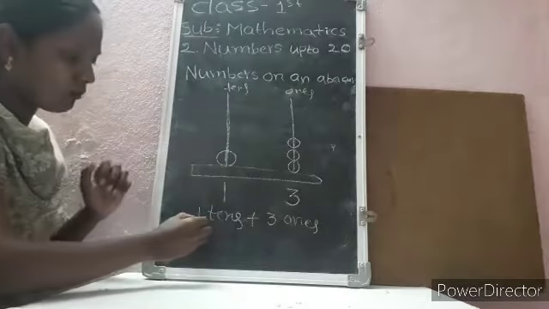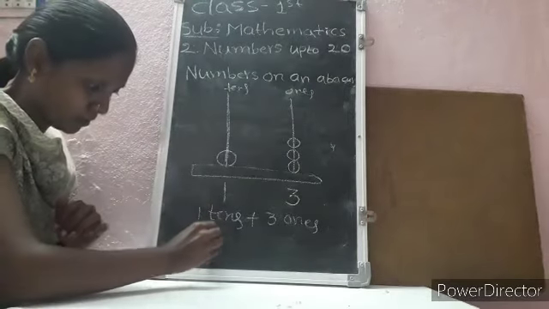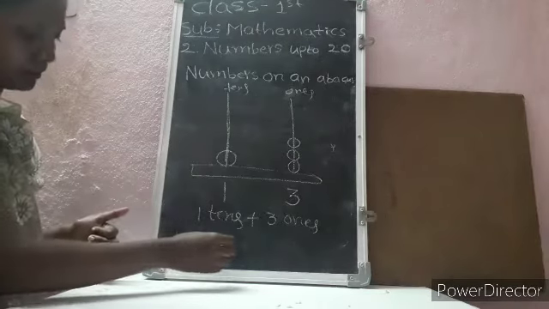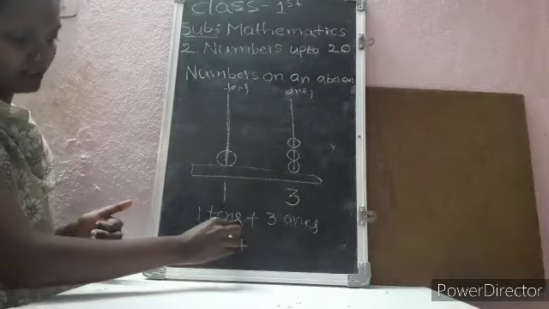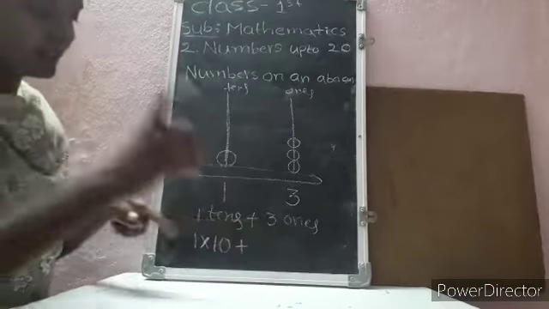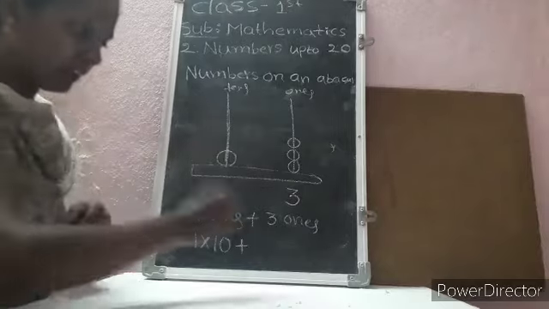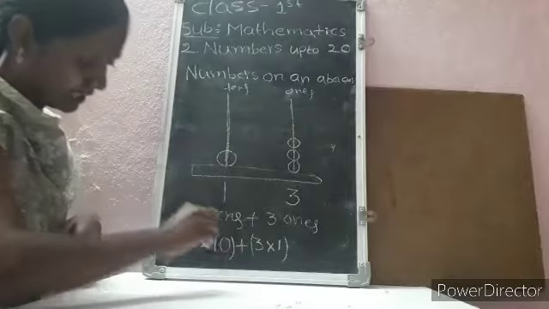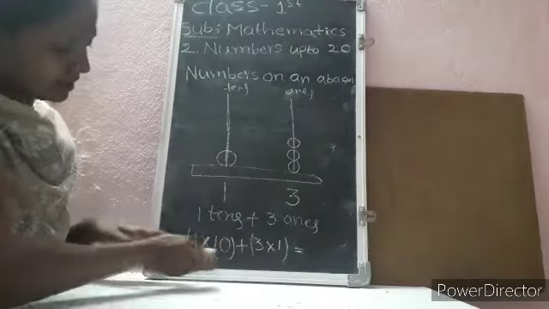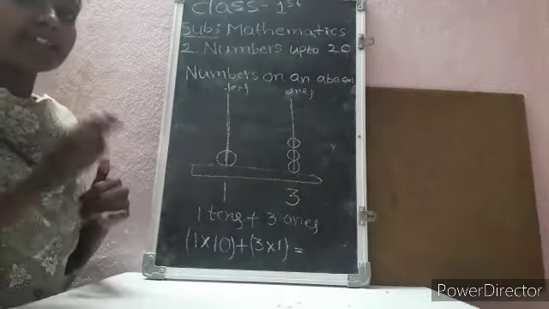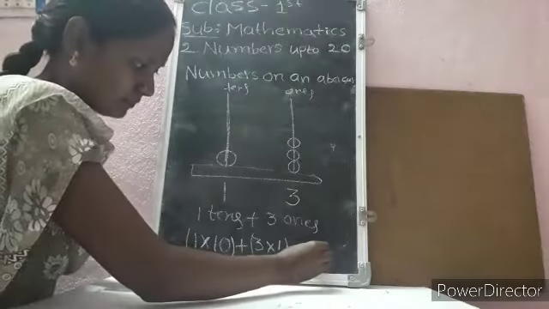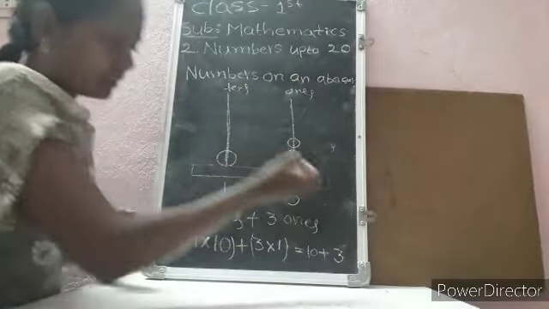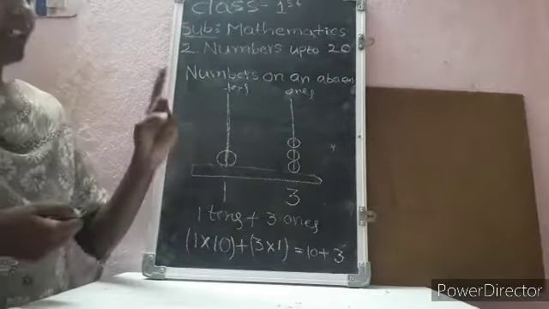That means 1 into 10 place, 3 into 1. Ones means 1, tens means 10. So I am taking brackets here. The result is 1 into 10. 1 tens are 10, and 3 ones are 3. So combine these numbers.